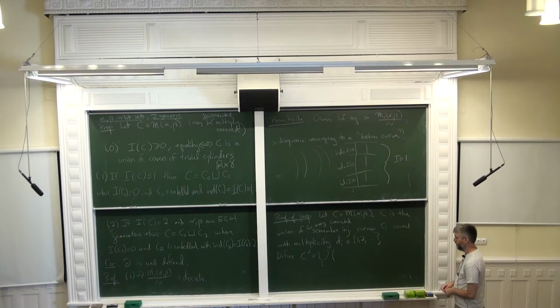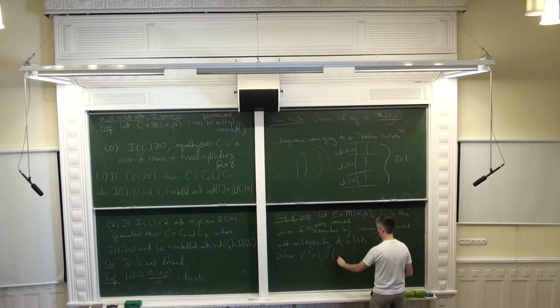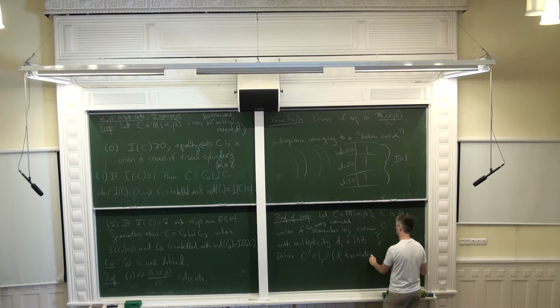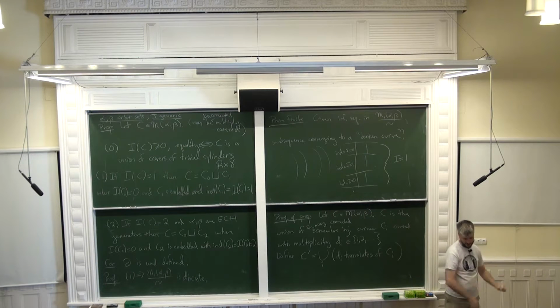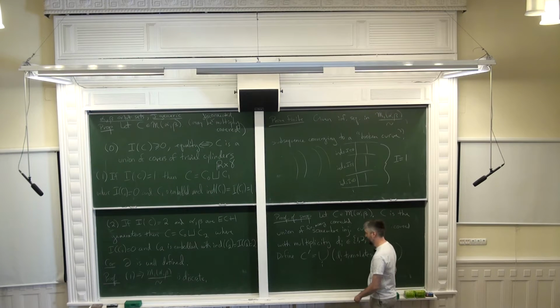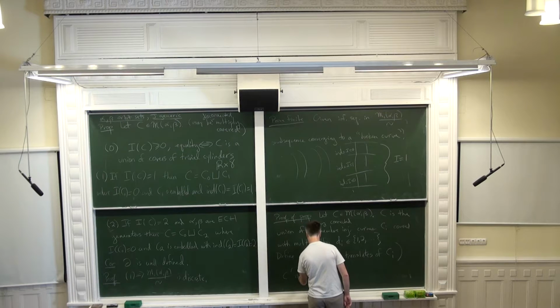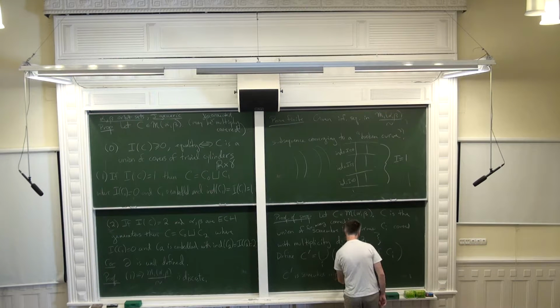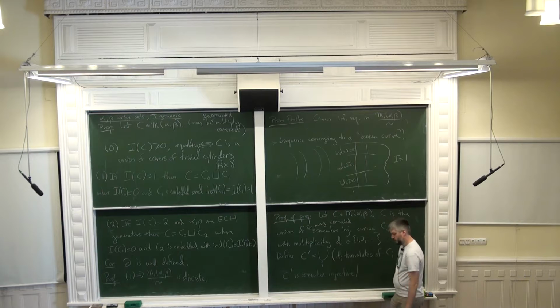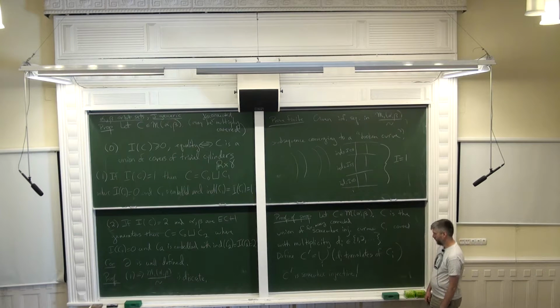C prime is going to be the union over i of T_i translates of C_i. So instead of having a d_i-fold covering of C_i, I'm using C_i and then different translates of it. But why do I want to do that? Because now C prime is somewhere injective.